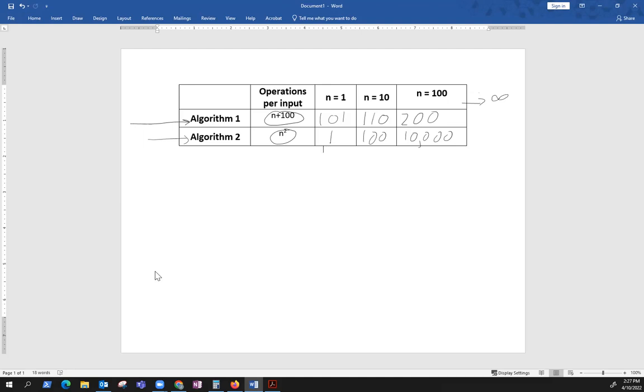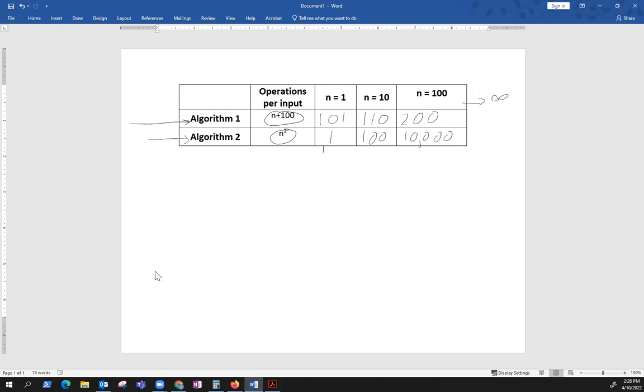Okay, 100 operations on a computer, that's nothing. So there's really no difference when n equals 1 or n equals 10. But when we get to n equals 100, when you start dealing with bigger and bigger data sets, the difference in the number of operations is dramatic. Algorithm 1 will run much faster.